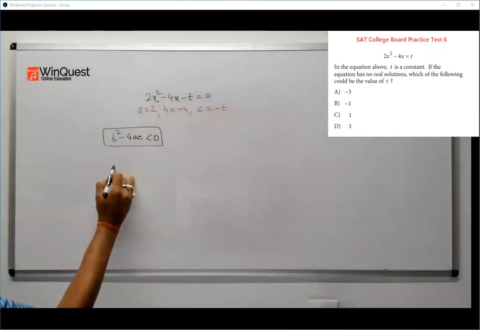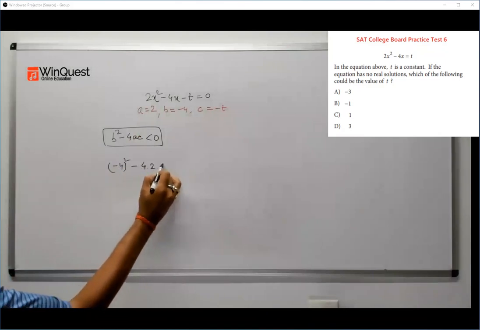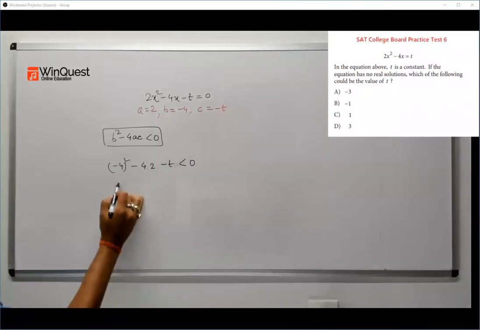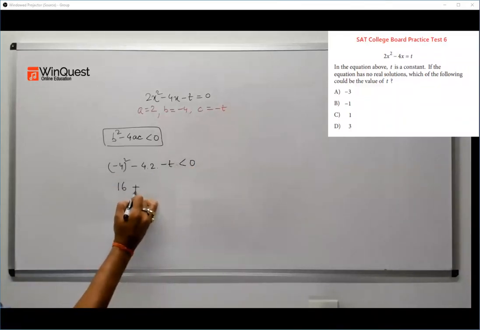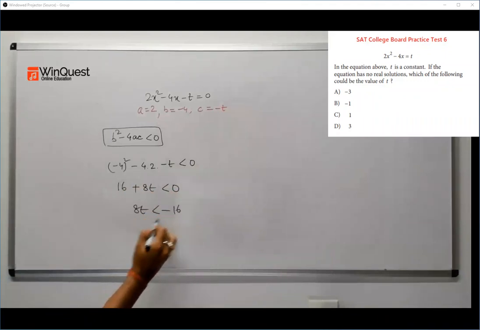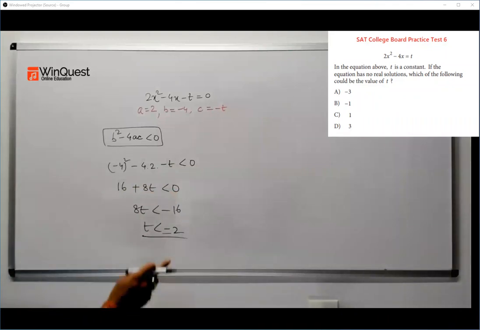Please note that, otherwise you'd make a mistake. b squared means minus 4 squared, minus 4a, which is 2, times c, which is minus t, has to be less than 0. This becomes 16 plus 8t less than 0. 8t less than minus 16, so t is less than minus 2.